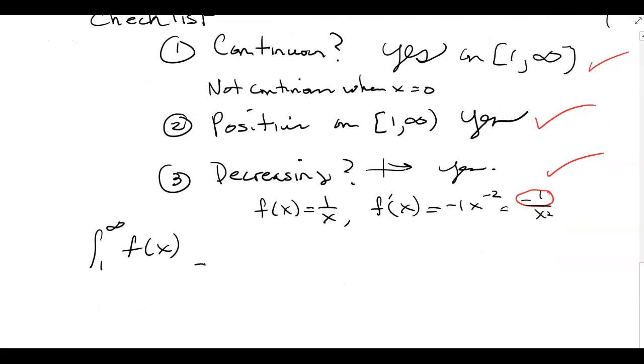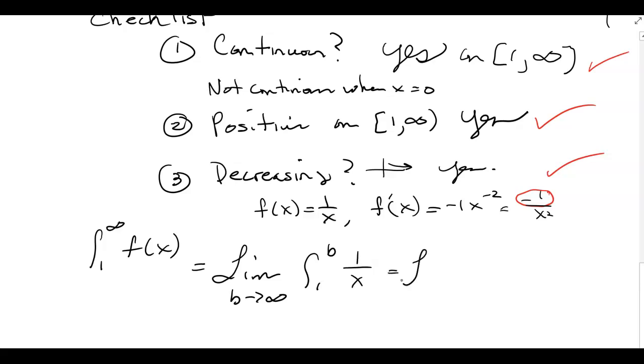Well, that's going to be the limit as b goes to infinity of the integral from 1 to b of 1 over x. Okay? And I know, we did this problem when we did improper integrals at the end of chapter 8. It was like 8.9, I believe.